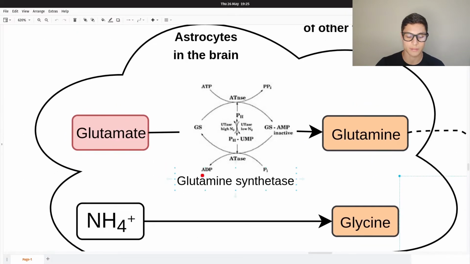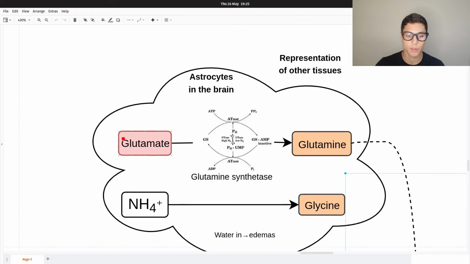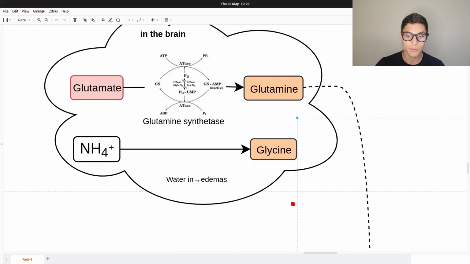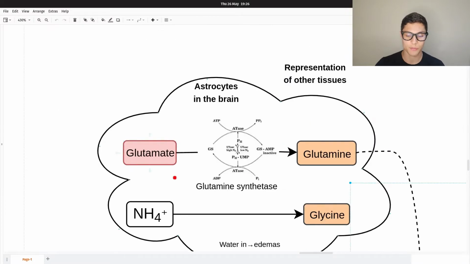These two amino acids are very, very important because one is in charge of collecting all those amine groups from the other amino acids from the transaminations, and then it passes those amine groups to the glutamine to send them to the liver. This process of creating glutamine from glutamate is done by the glutamine synthetase and requires ATP.